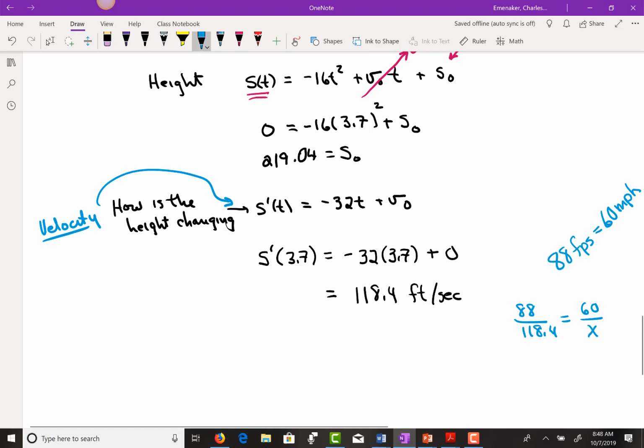Do you see the ratio we're setting up there? Now, how do you solve a ratio like that? Cross multiply, don't you? And what we're going to wind up with is 118.4 times 60 equals 88x. So, I got to divide by the 88 now. And we get x equals about 81 miles per hour.